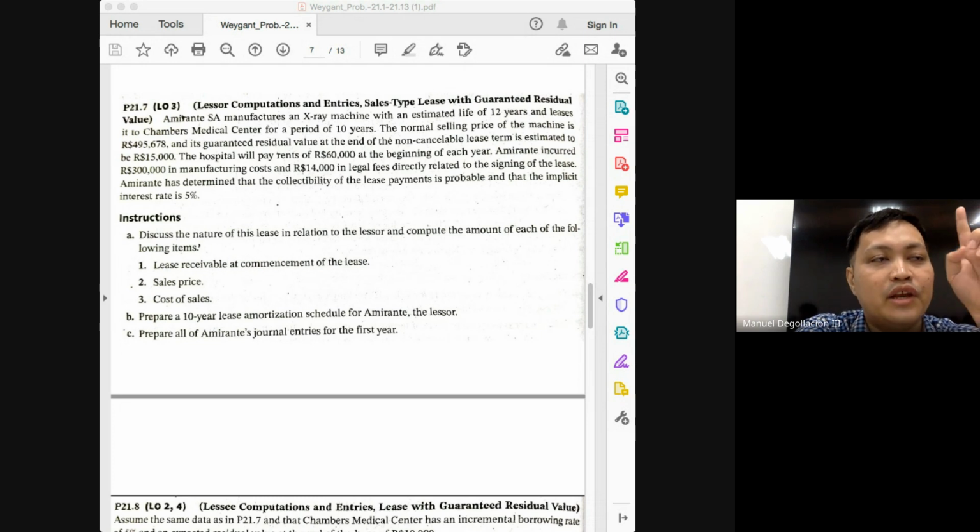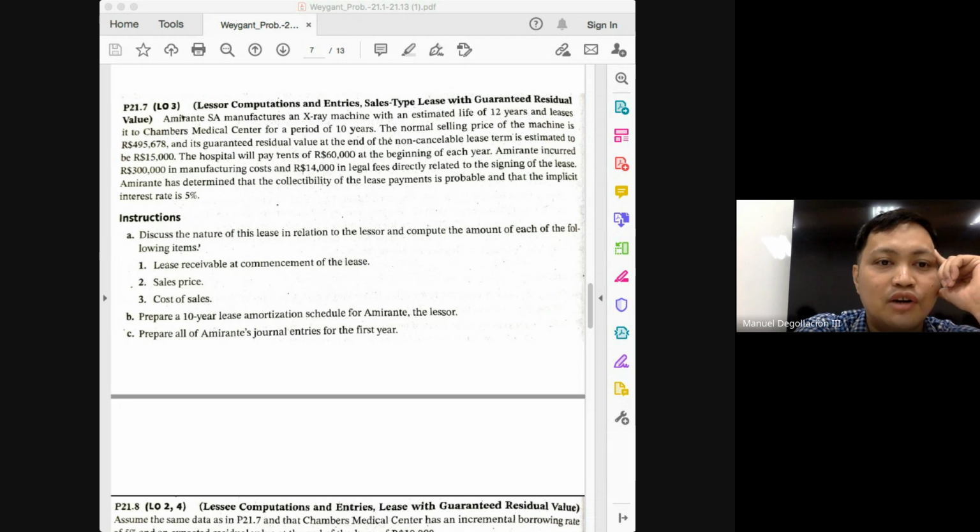your year 1 ending balance for lease receivable would be 435,678 plus the interest income. So again, how much was the balance on January 1 after the payment? 435,678. By the end of the year, when you recorded the accrued interest, your lease receivable will be increased in an amount equivalent to your interest revenue. And how much was the interest revenue? Again, it was 21,784.